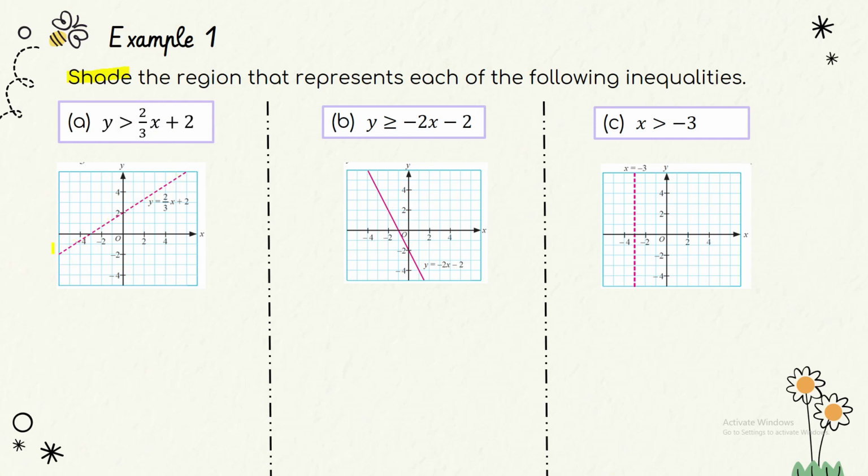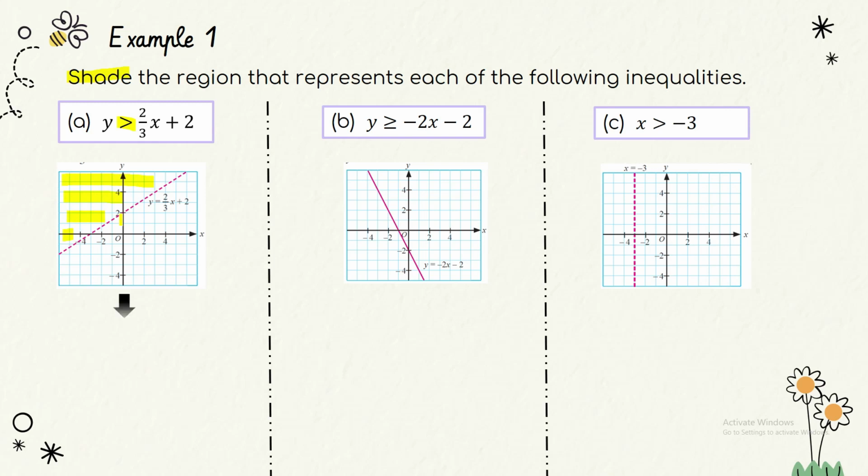Now you need to determine which part you need to shade. The inequality shows the sign of higher than, so the straight line will be a dashed line. Then, since it is higher than, we need to shade the region above. Okay, we shade this part.